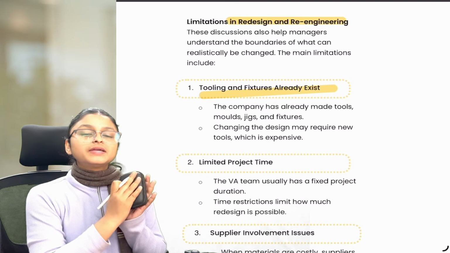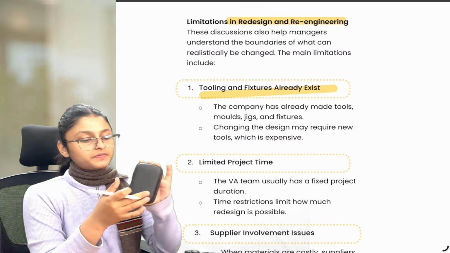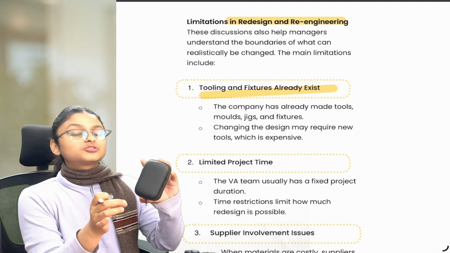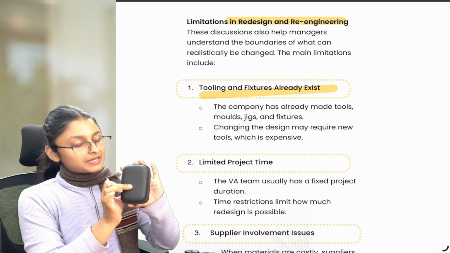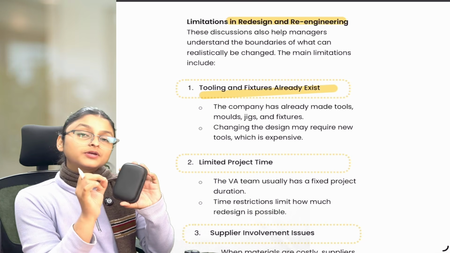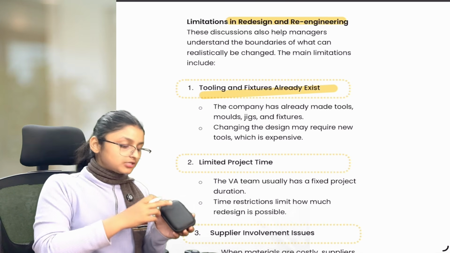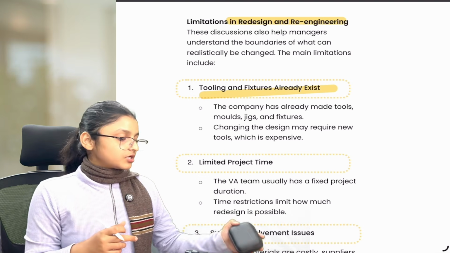Let's say we have made a mold for making this product. So we have made around 1000 molds, so that 1000 plastic bags can be created together in a minute. So if I want to change the design of this product, think about it.